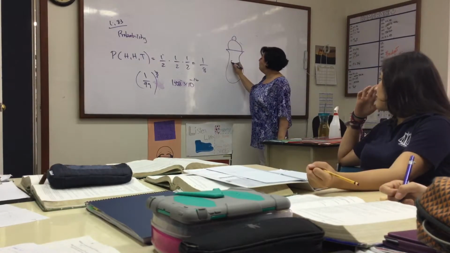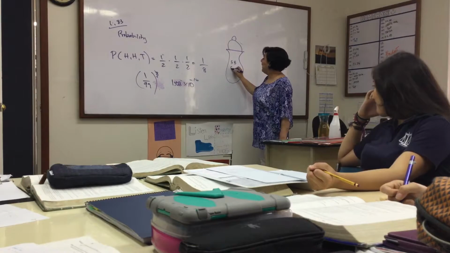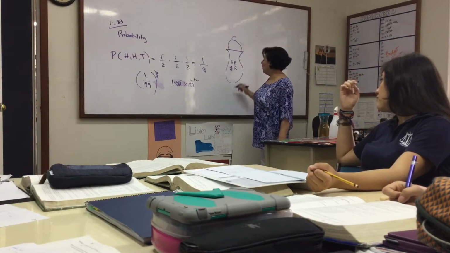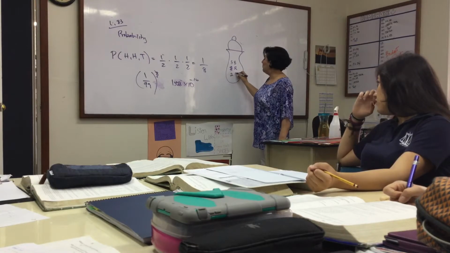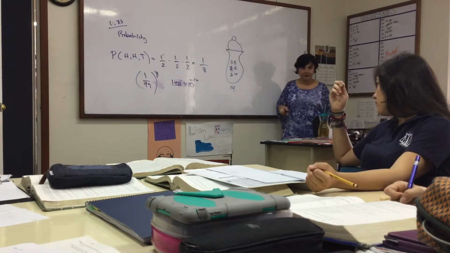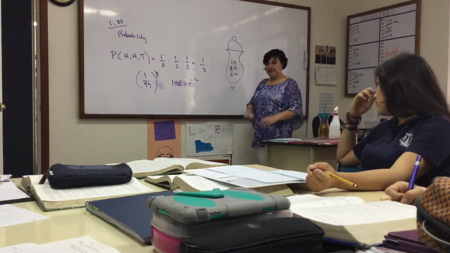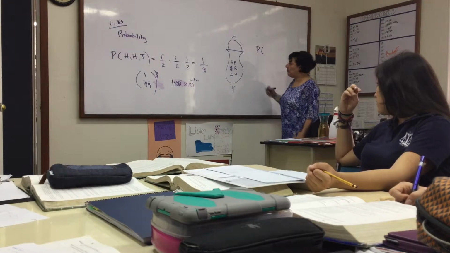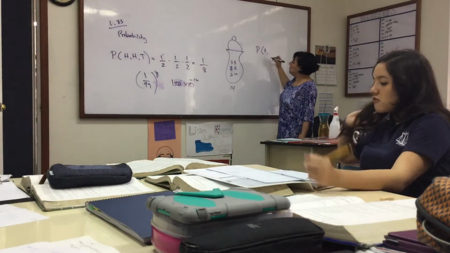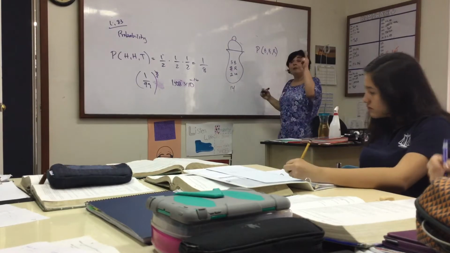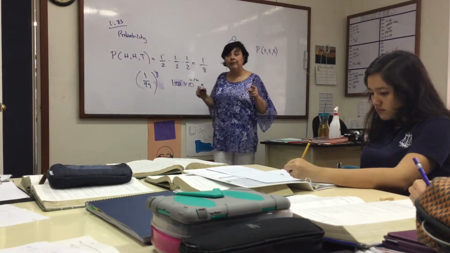We're going to put 5 blue balls, 7 red balls, and let's say 2 white ones, for a total of 14 balls total, okay? I put my hand in, and I want the probability that I'm going to draw a blue ball, a red ball, and then another red ball without replacing it every time.